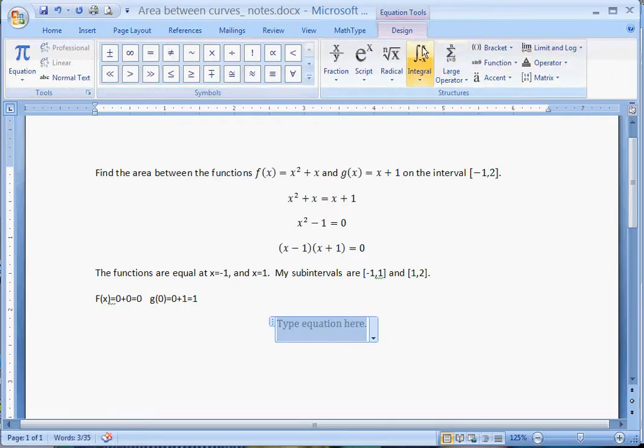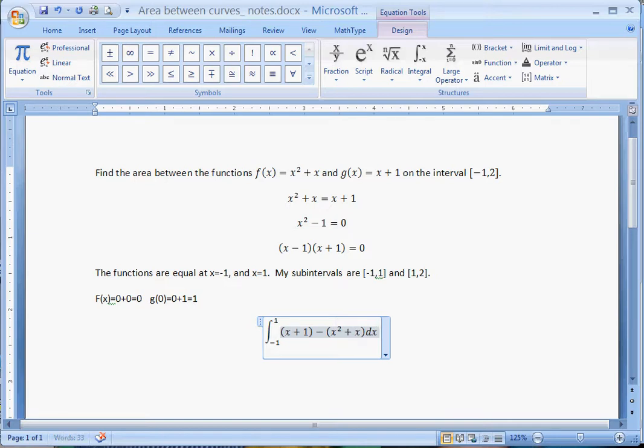I'm integrating from -1 to 1, that's my interval, and I'm going to start with g of x, that's x plus 1. I'm going to subtract f of x. That will get me the area on that subinterval.